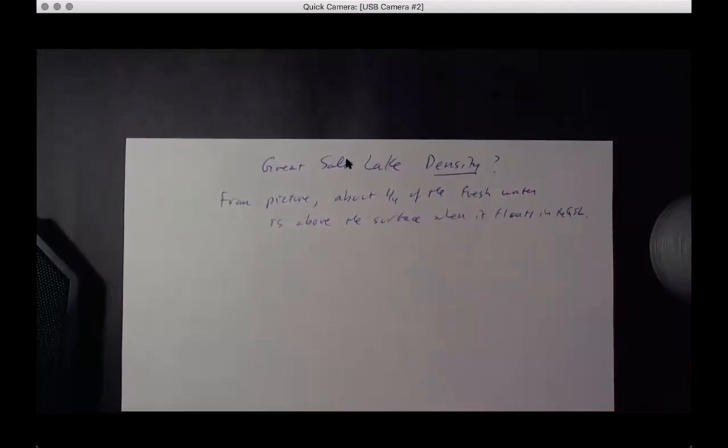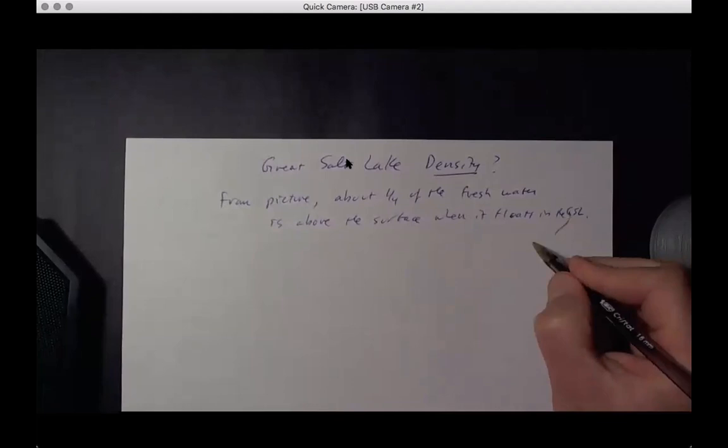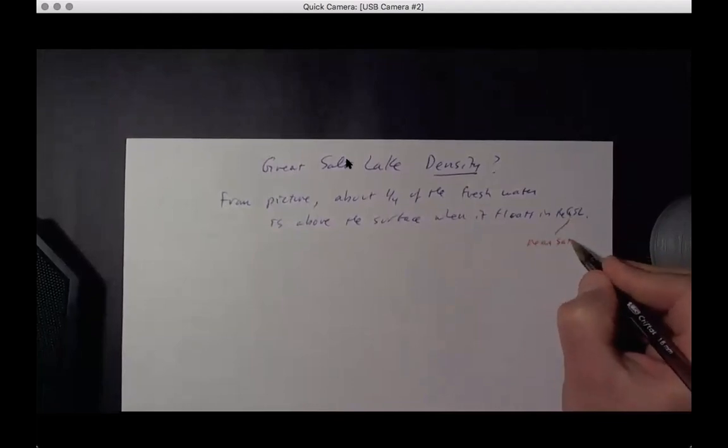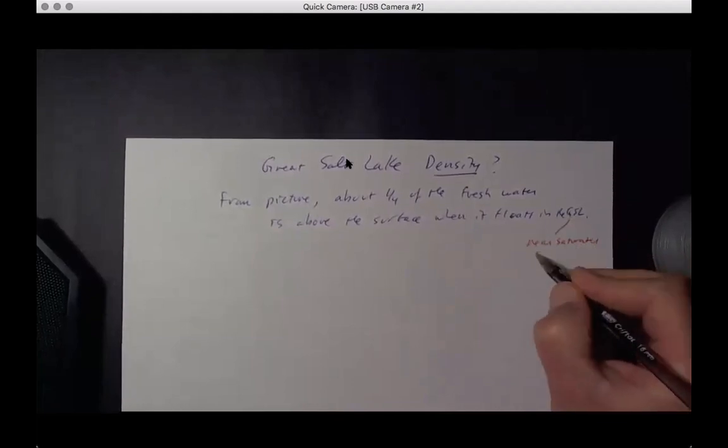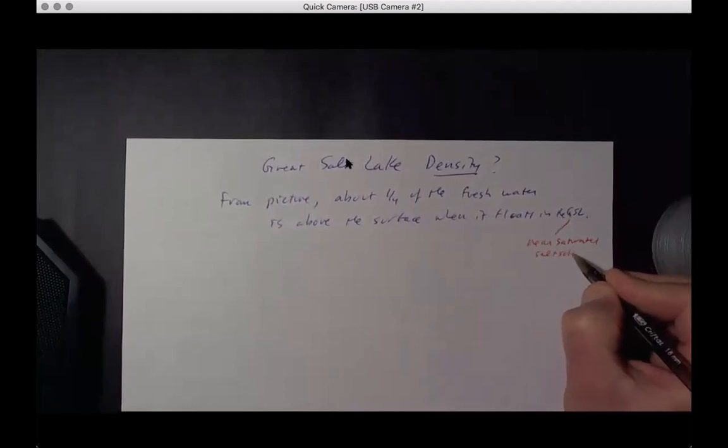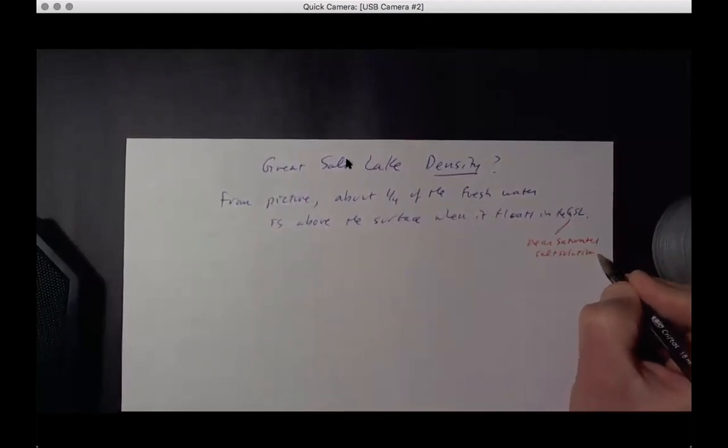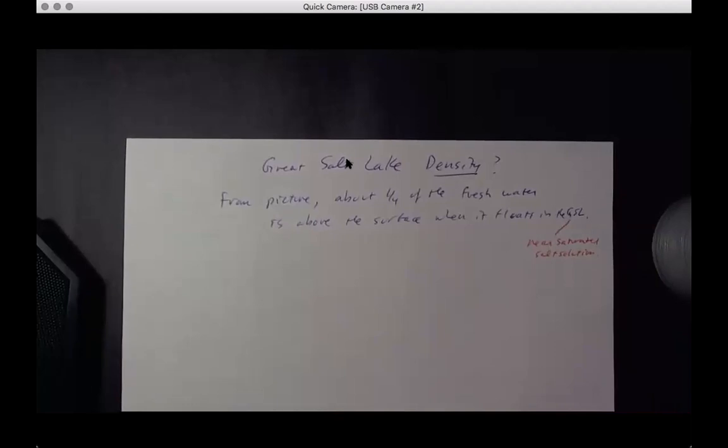And the Great Salt Lake is pretty close to a near saturated salt solution. I can tell because there's lots of salt depositing out as the air dries the water. You get these salt deposits on the shore, and the water's right up against them. So you know it's really close to saturated.